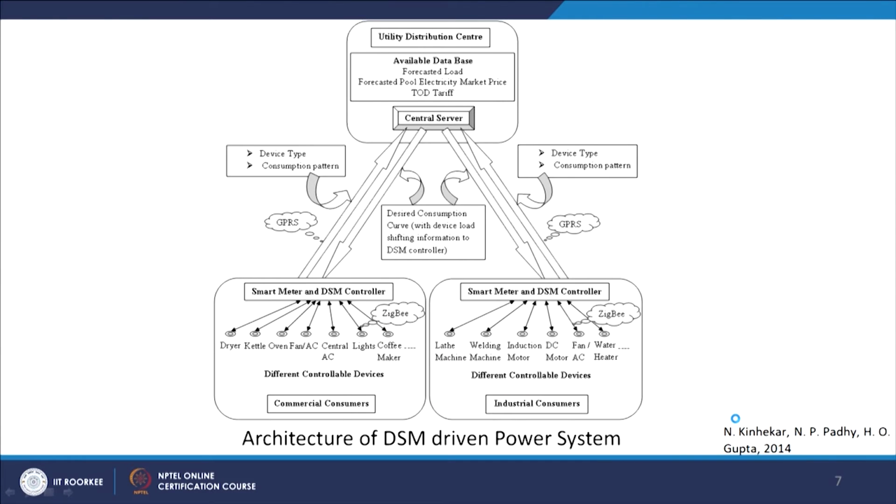Now, if you look into the architecture of a demand side management program, what we need to understand here, let us say this belongs to my utility, maybe a distribution system utility, and assuming that the forecasted load is available to me and the electricity market price is also known to me, because as we know, each hour, or half hour, or maybe 15 minutes or 5 minutes, the energy cost has to change.